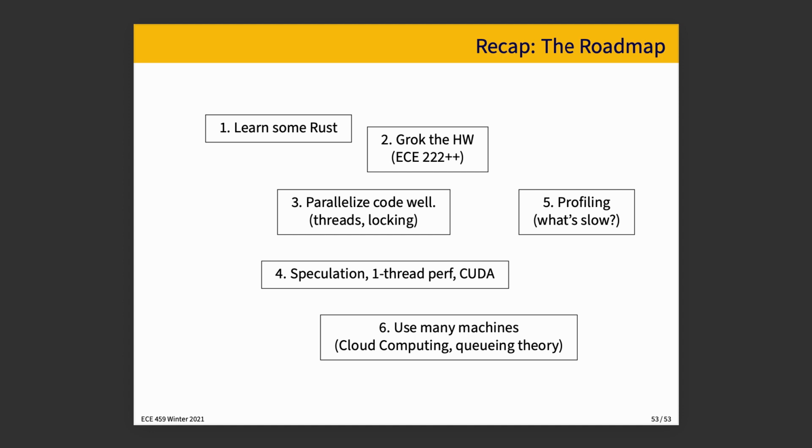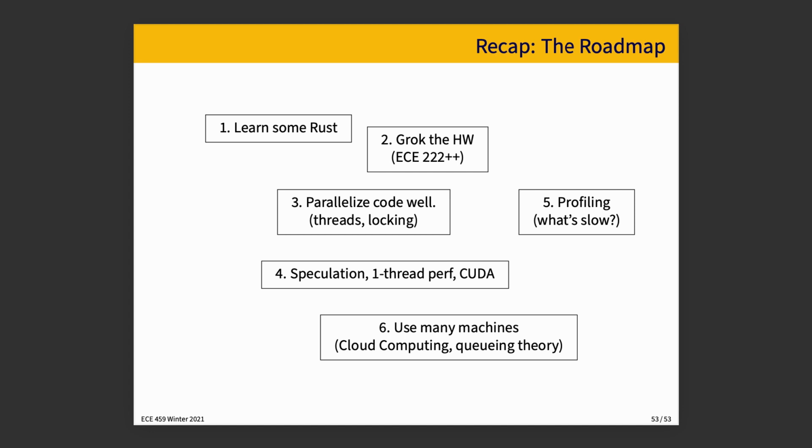Finally, we will have run up against the limit of what we can do on any individual machine. We've used the tools that we have. We've exhausted all of our tricks in terms of speeding up single thread performance. Everything is parallelized that reasonably can be, and we don't have a lot left to do. Then ultimately we will start thinking about using more than one machine.